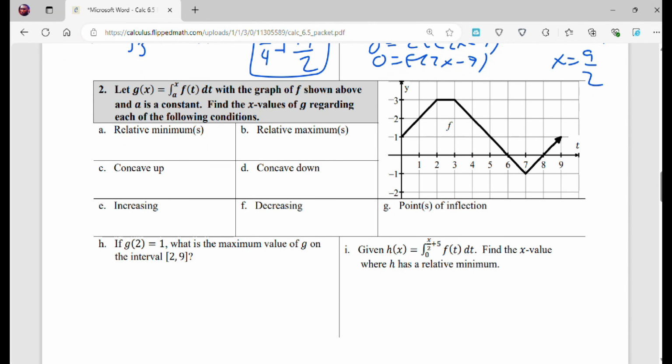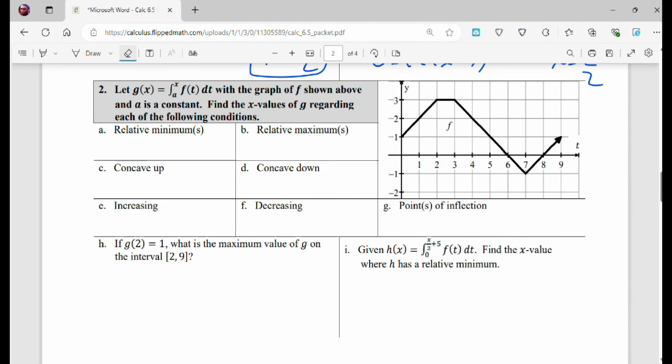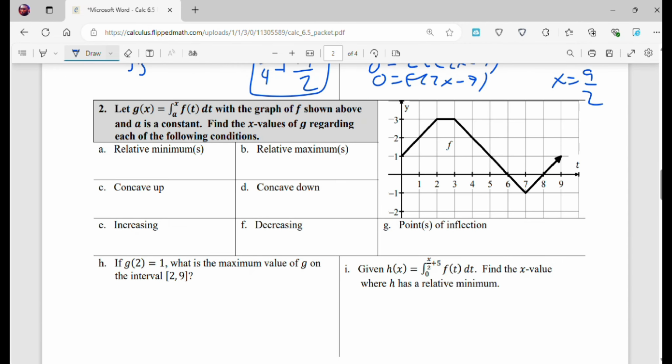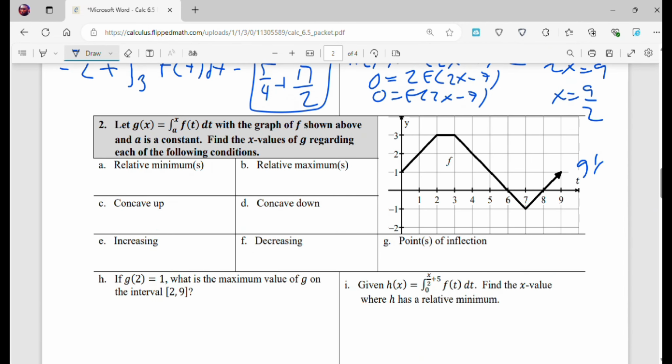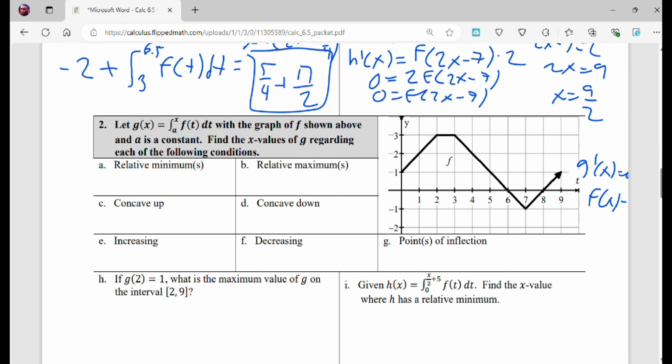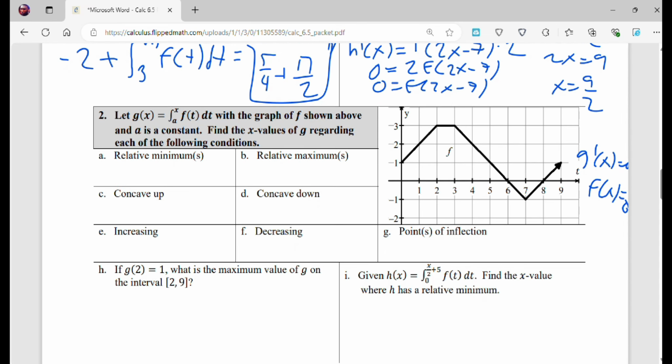So a minimum occurs when g prime of x equals 0. That means that f of x equals 0, and obviously it's when it's going from negative to positive, for a minimum. So when does f go from negative to positive?